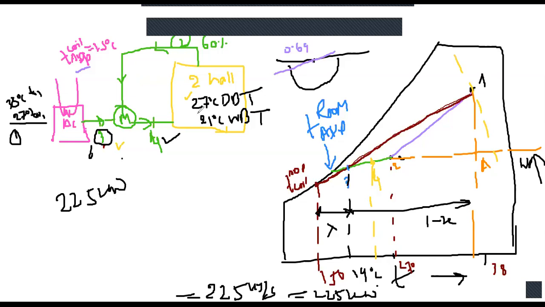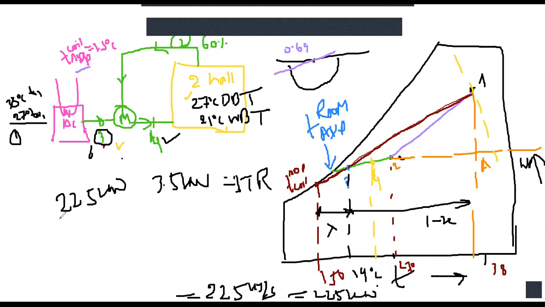Now we have to calculate the ton of AC. Which ton of AC is required to maintain this configuration for the hall type of room? First of all, we know 3.5 kilowatt equals 1 ton of refrigeration.